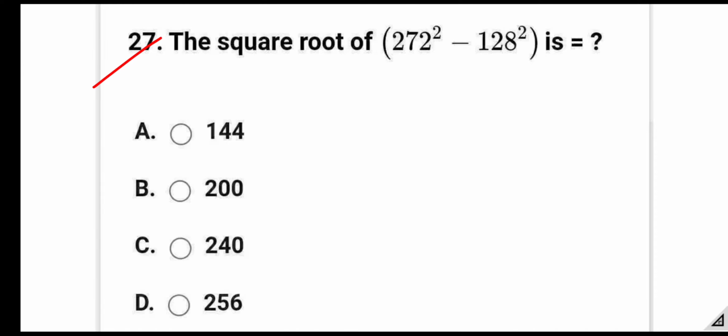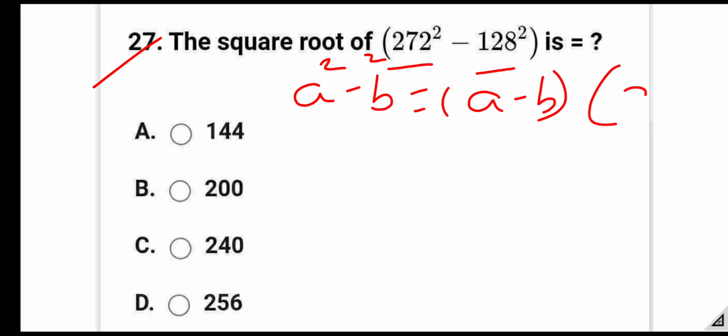Next, the square root of 272 square minus 128 square is. Now by using formula a square minus b square is equal to a minus b times a plus b. Now a is equal to 272 and b is equal to 128.